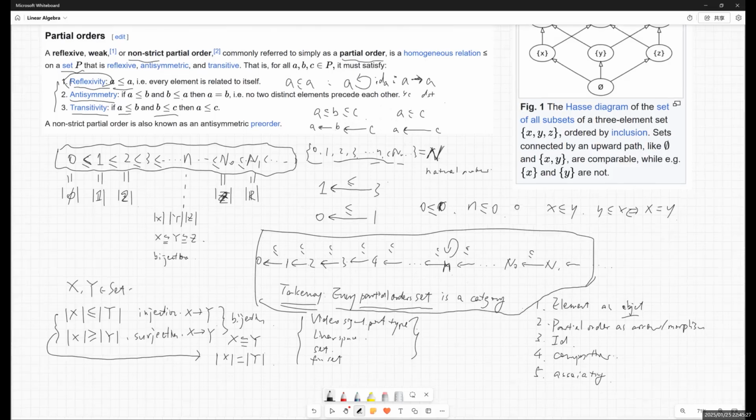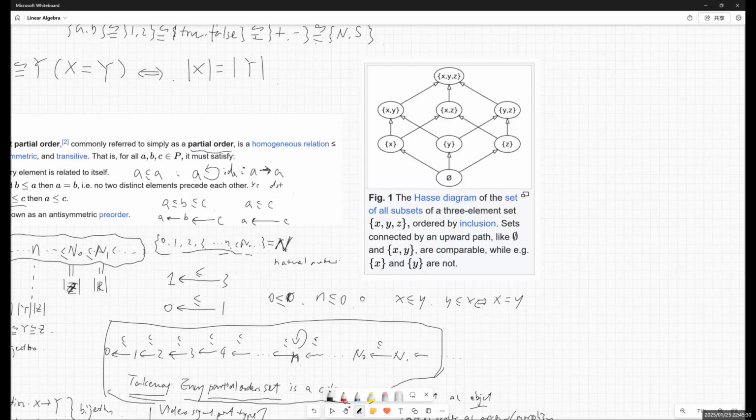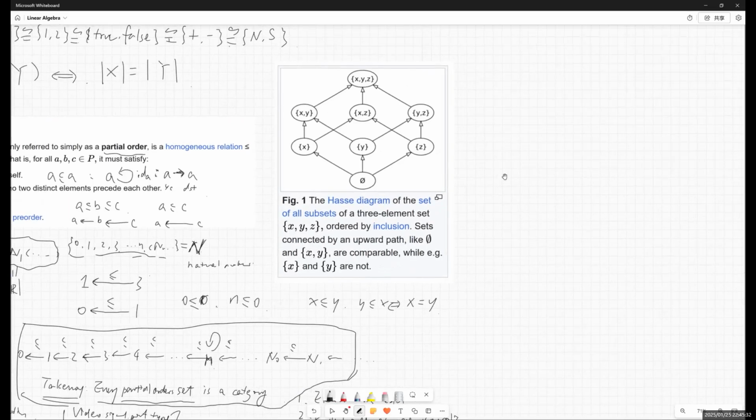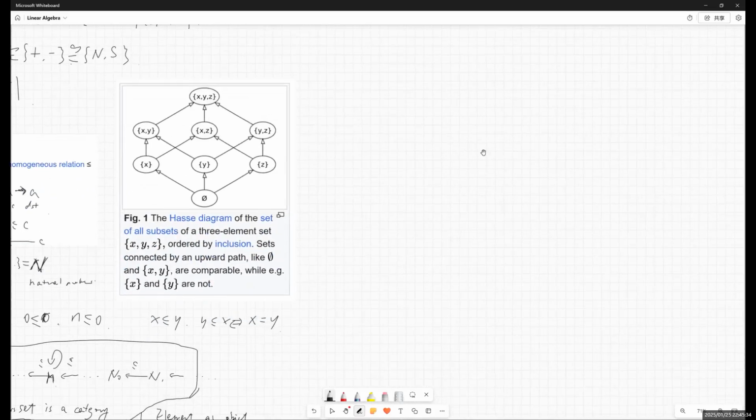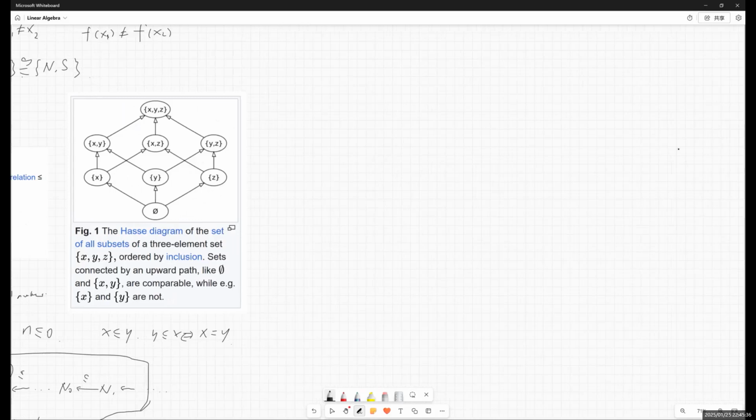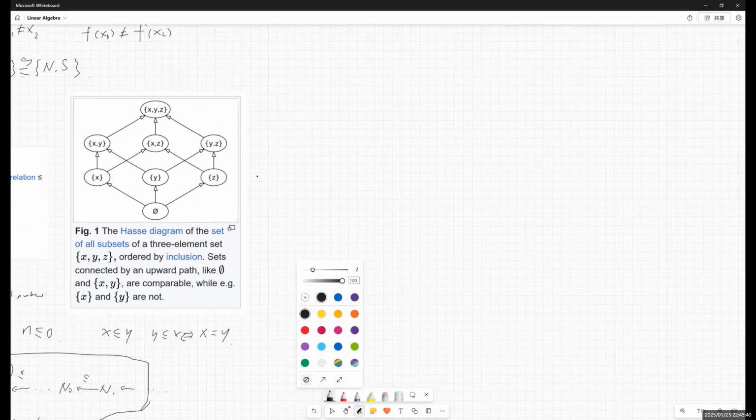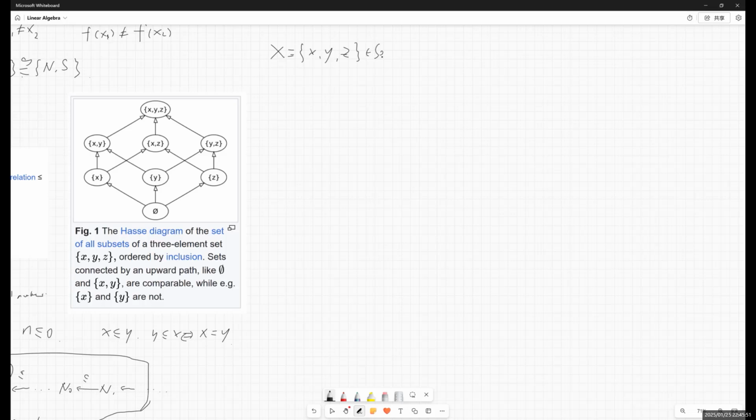And then we go back to the set. Here is a set. I copied this example from Wiki. The set, let it be {X, Y, Z}. It's actually a set, so it's an object of the category of sets.